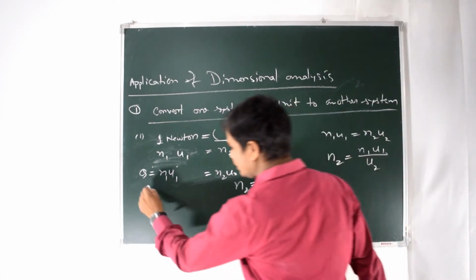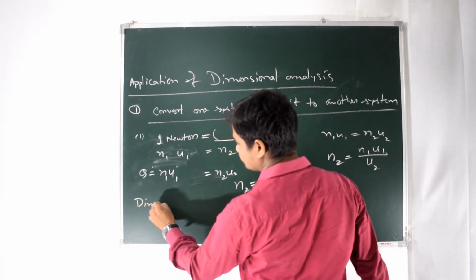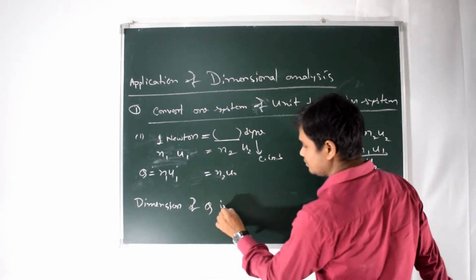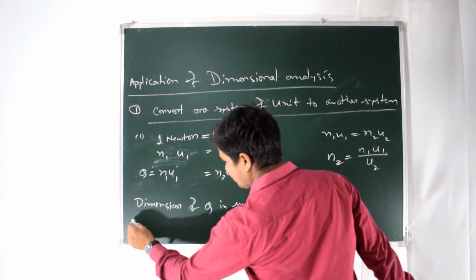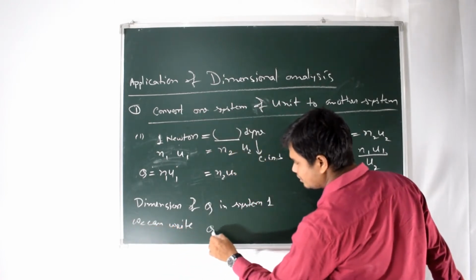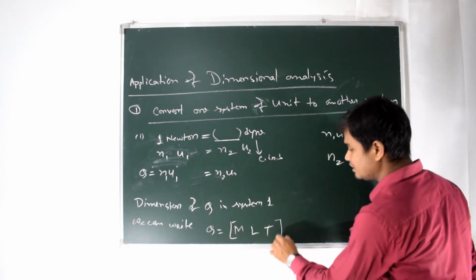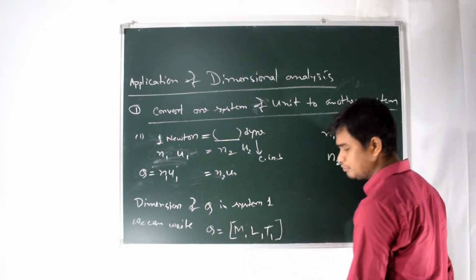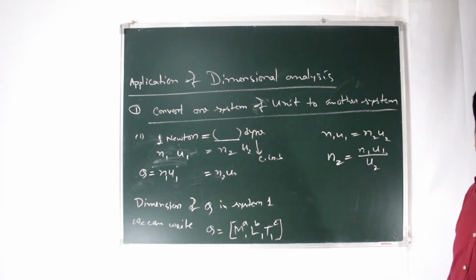If this is physical quantity Q, force, then the dimension of Q in system 1 we can write as M L T, with M1 L1 T1 in the first system, and we don't know the powers, so a, b, c.